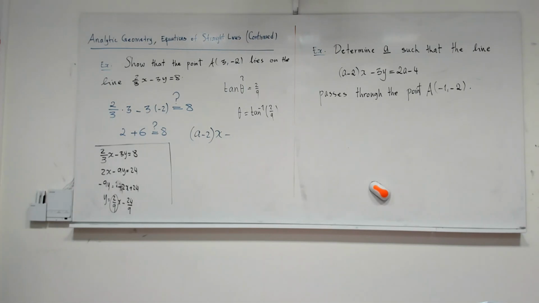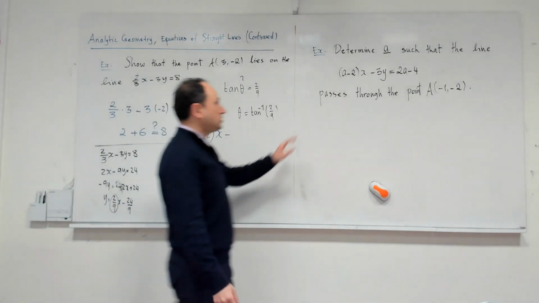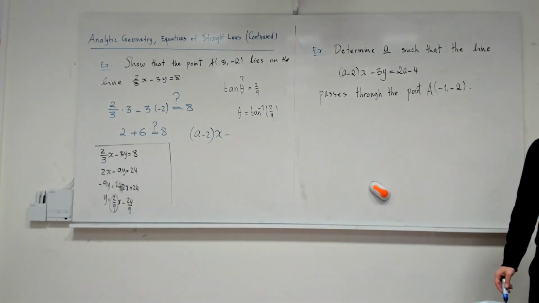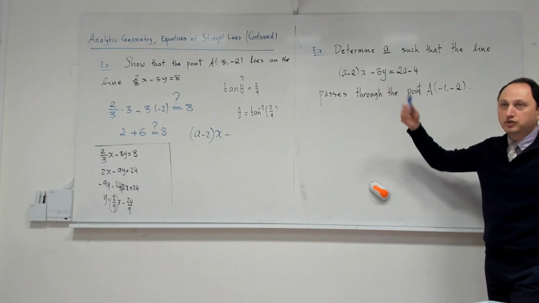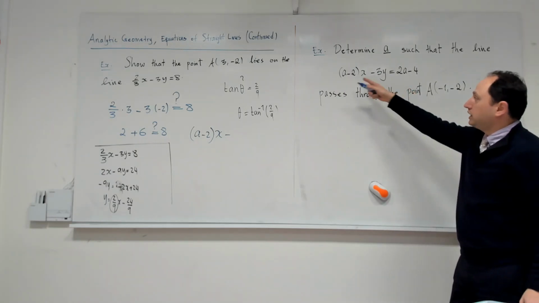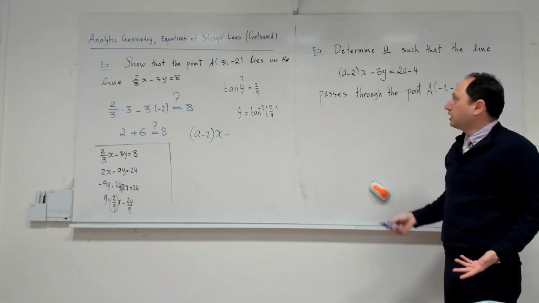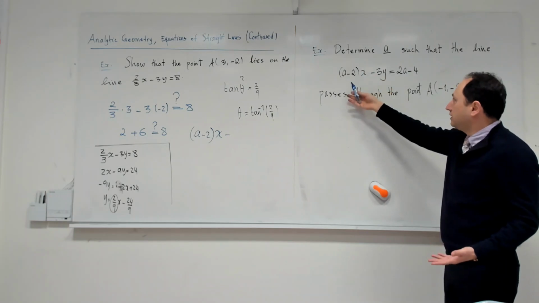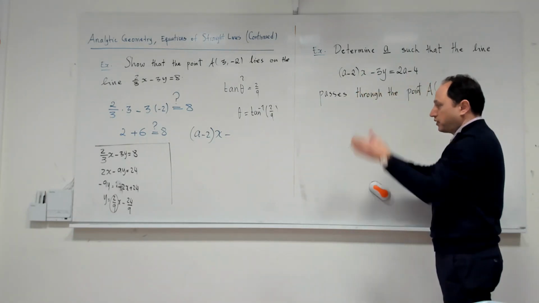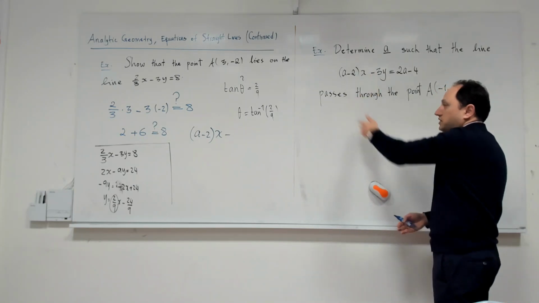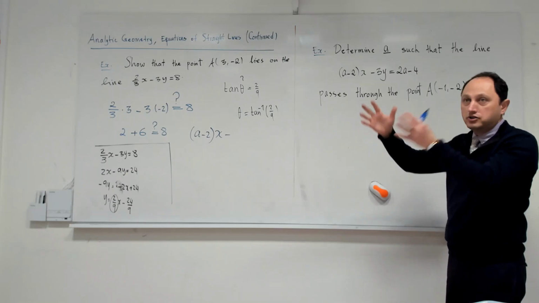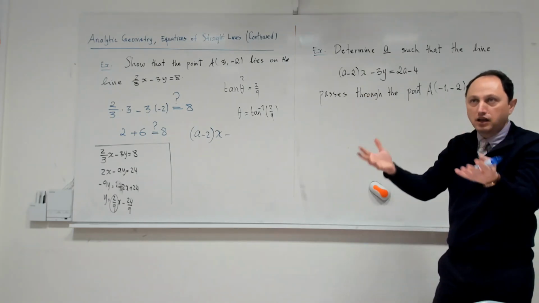So, if I ask you, is this one line or infinitely many lines? I hope that you agree with me. This is an equation for infinitely many lines, one for each choice of a. If I give you a equals 7, you put 7 here, it becomes an equation of x and y, which is one line. If I change my idea from 7 to another number, it becomes another line. So it is infinitely many lines.